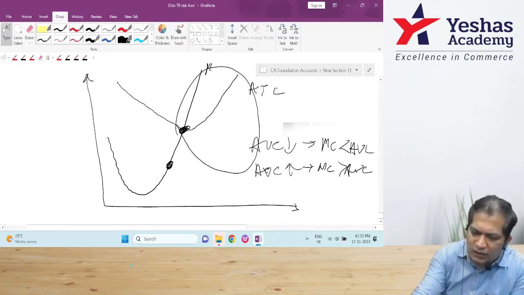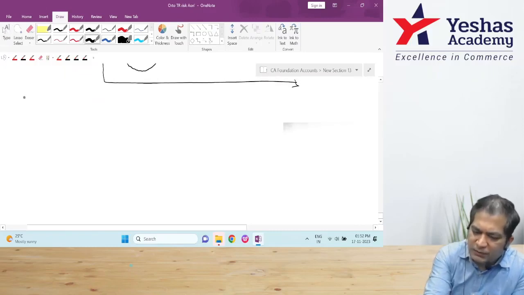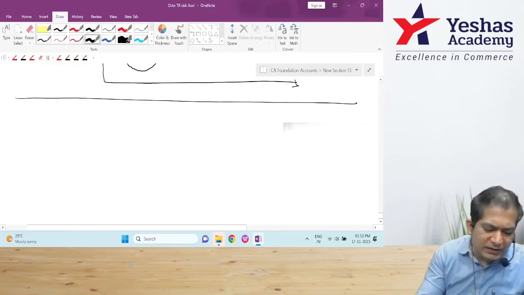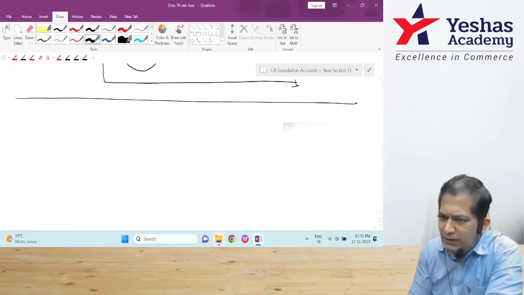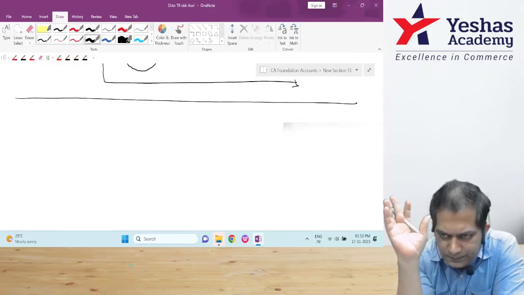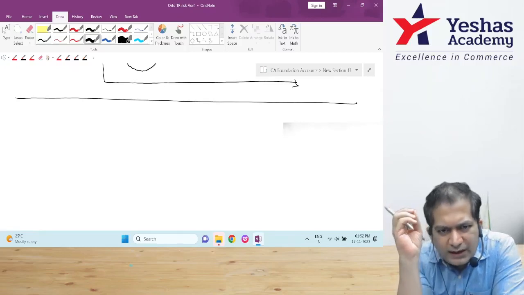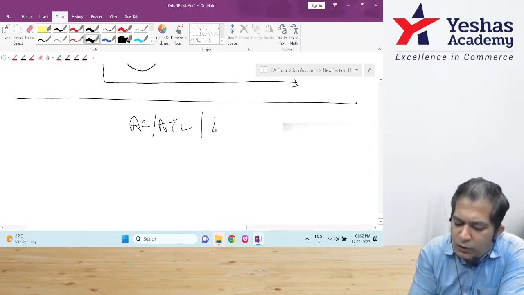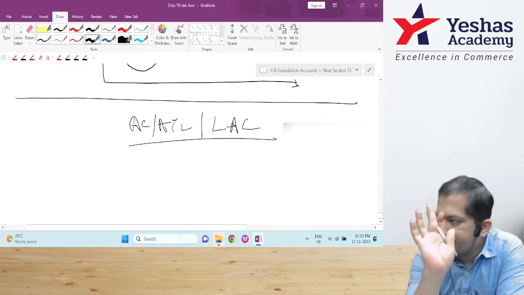They can also try to confuse you between the relationship with AC or ATC, because in the long run we don't make a distinction between variable and total because everything is variable. So in the long run you can call it the average cost curve as AC curve, you can call it ATC curve, or you can also call it LAC curve.